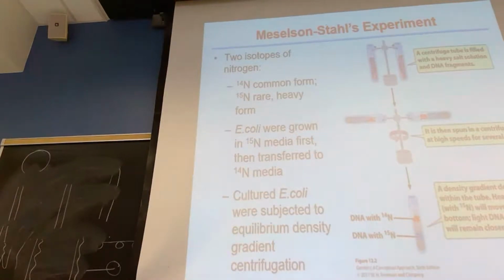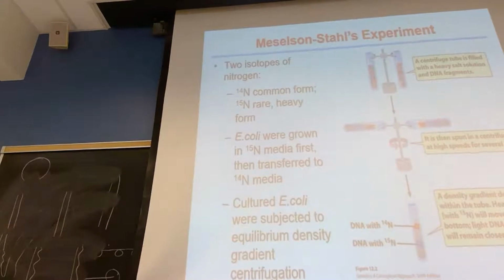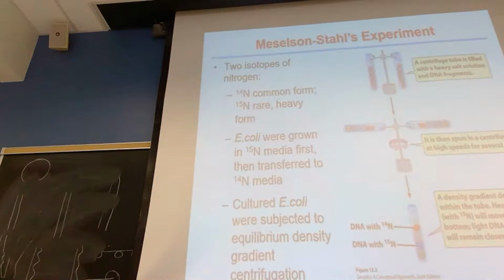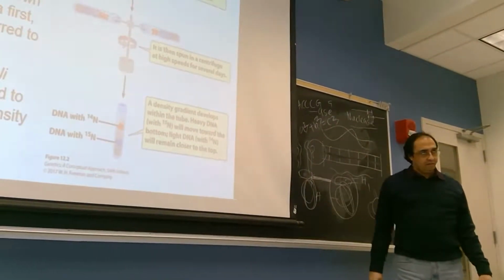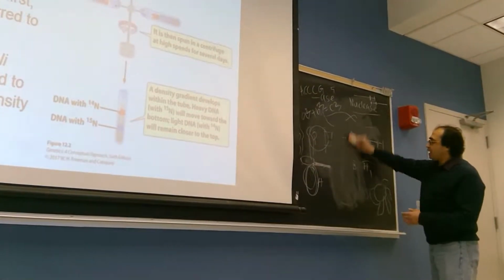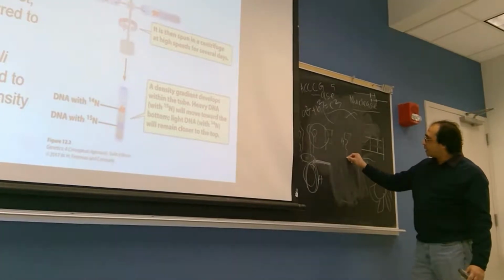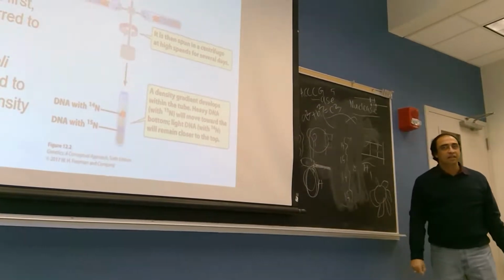So if it is conservative, then this DNA is 15N, and the new DNA is 14N. If it is dispersive, then one part is 14N, other part is 15N, another 14, another 15, like this.